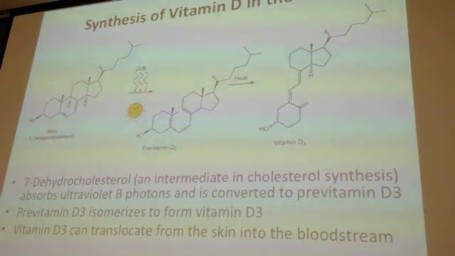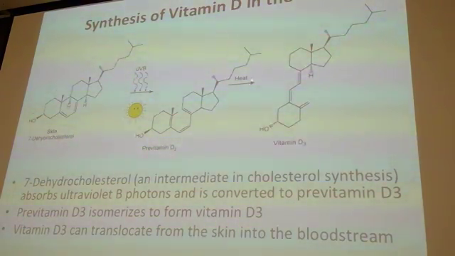So in our skin, in response to ultraviolet B photons, this 7-dehydrocholesterol is able to absorb these photons, and it undergoes this rearrangement and is converted to vitamin D3. You can see this break in the ring structure present here.